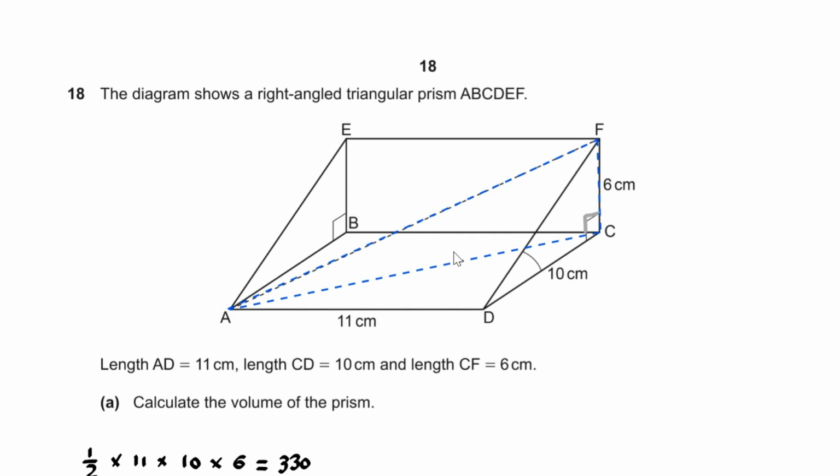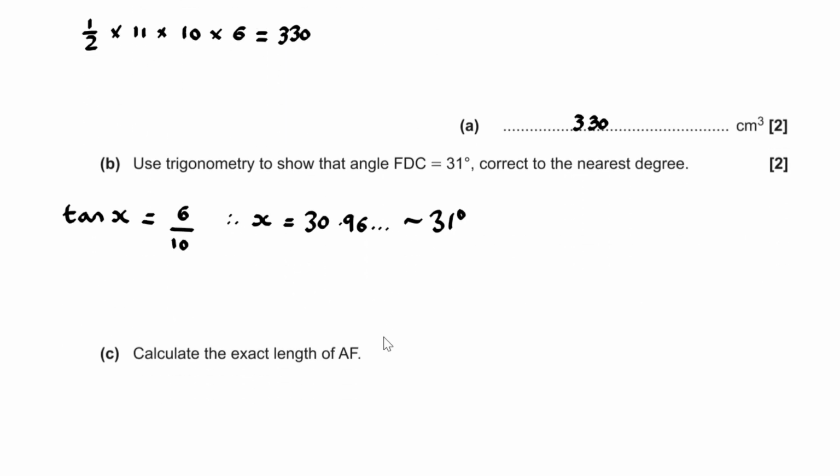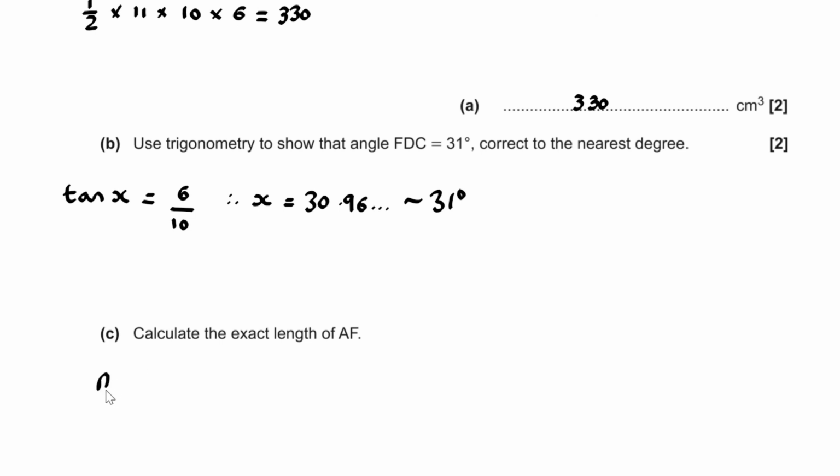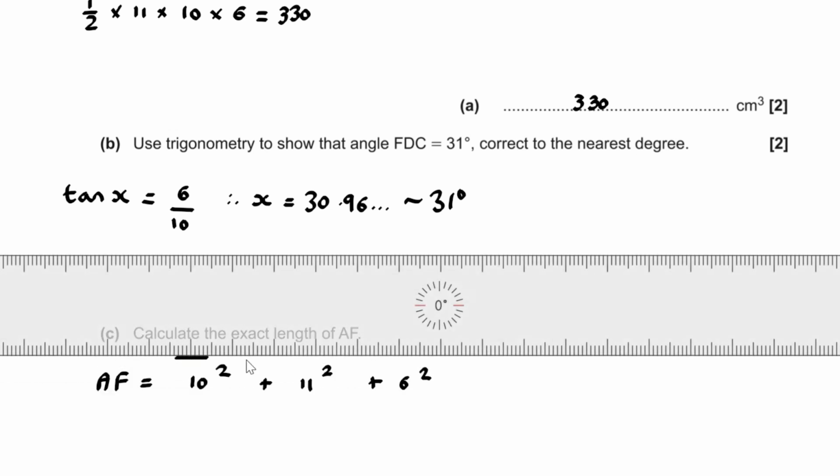Well, actually what we can do to calculate this over here is just simply use 3D Pythagoras. What we'd have then is AF equaling 10 squared plus 11 squared plus 6 squared, all square rooted.